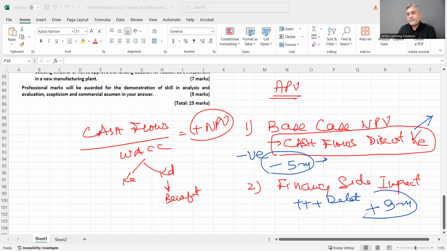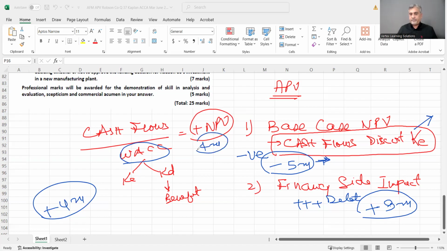And now you say, okay, plus 9 million, the benefits from financing, minus 5 million is my base case NPV, my final NPV comes out to be 4 million. Okay, so it's 4 million positive. If you had done it with WACC, it would have given you 4 million straight away, but you would not understand where this 4 million comes from.